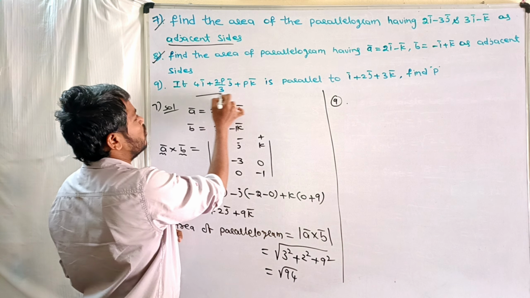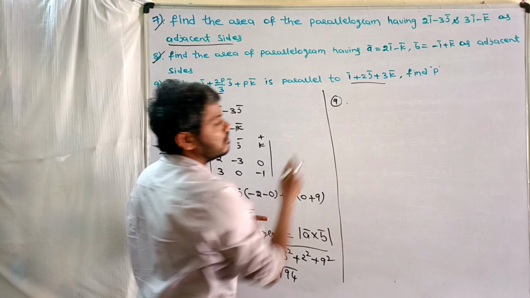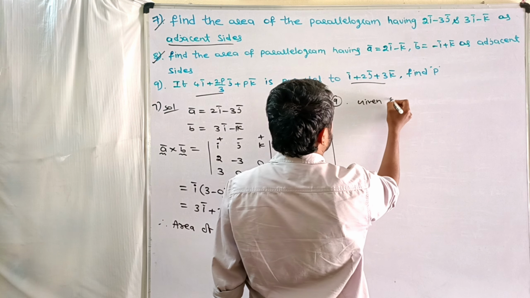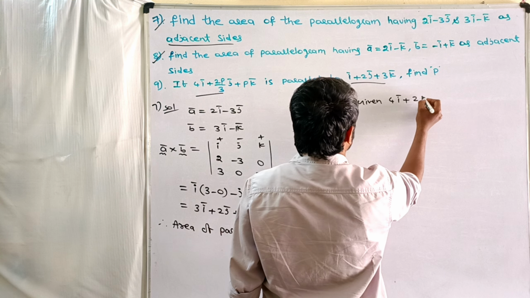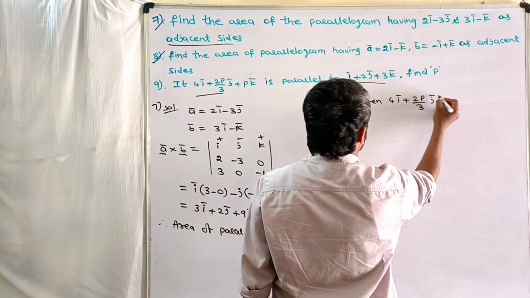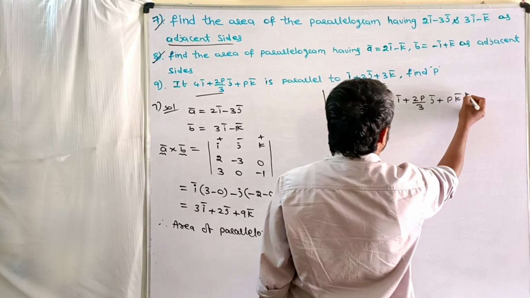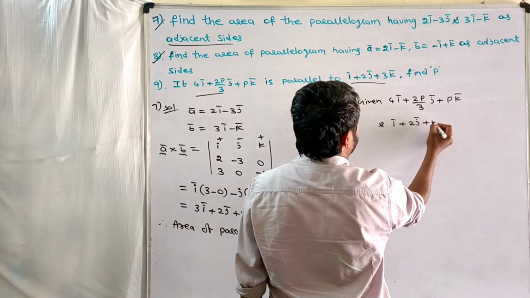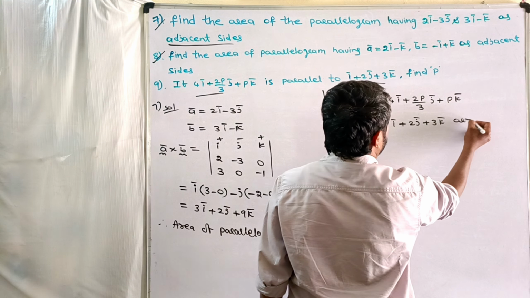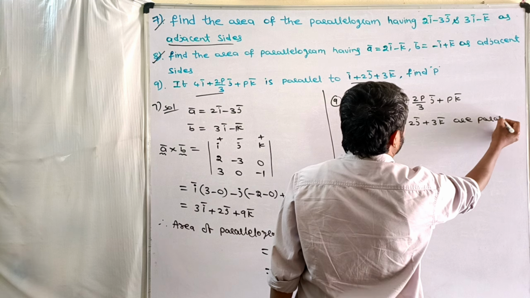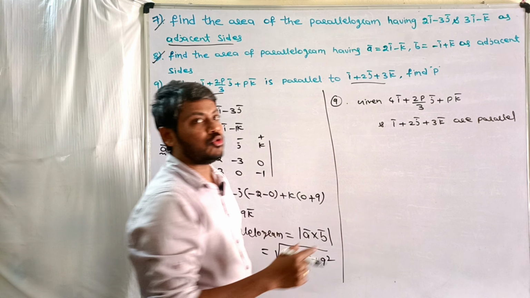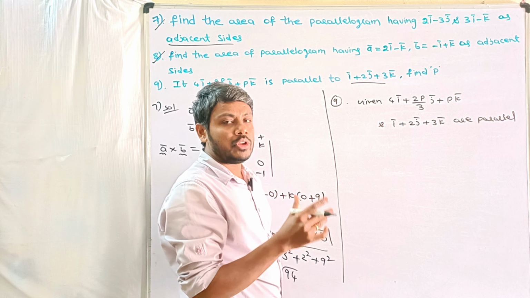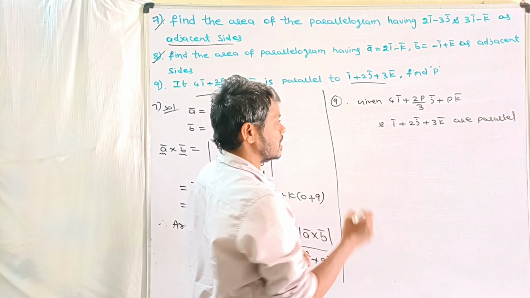See here, if two vectors are parallel. See here, the given vectors 4I bar plus 2P by 3J bar plus PK bar and I bar plus 2J bar plus 3K bar are parallel. We know that if two vectors are parallel, then A1 by A2 equals B1 by B2 equals C1 by C2.